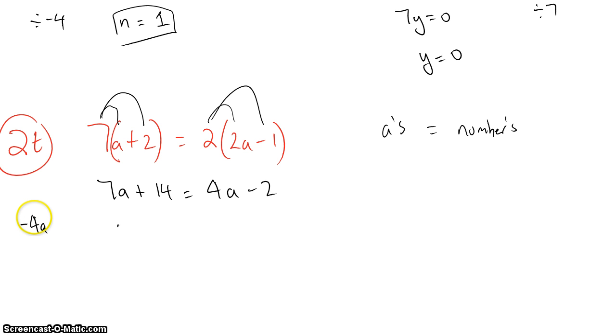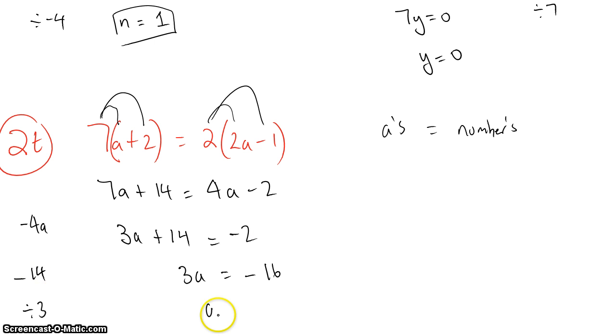I get 3a plus 14 equals 4a minus 4a is 0, and I'll just get negative 2. Now I'm going to subtract 14 on both sides, and I get 3a equals negative 16. Now I'm going to divide both sides by 3, and I get a equals negative 16 on 3.